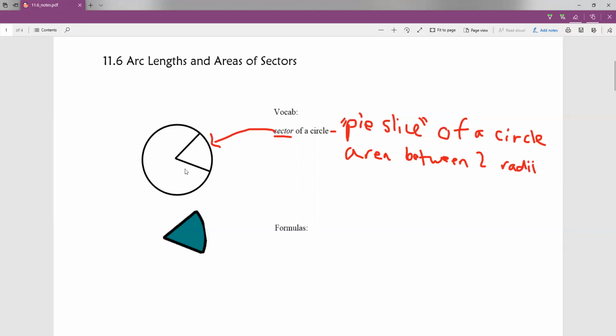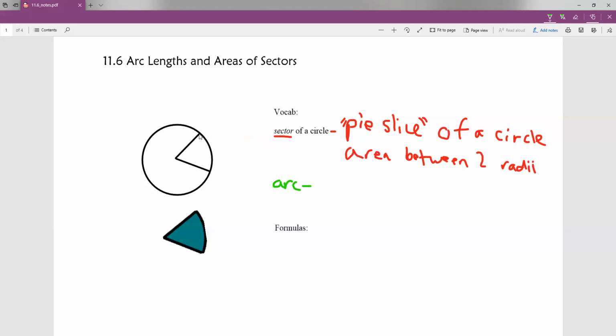All right, cool. So that's the first thing, sector. Now the next vocab word we need to talk about is the arc length. So an arc is kind of like the circumference, but it's only part of it.